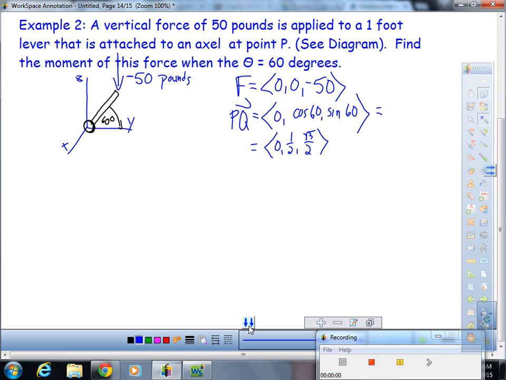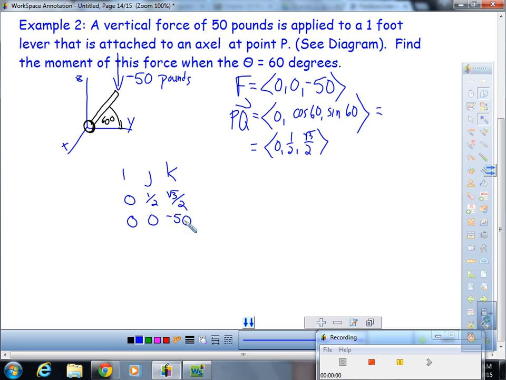Is that what it asks? Oh, it's PQ cross F. Yes, you're right. PQ cross F. That's right. The order will matter. So we have to do 0, 1/2, radical 3 over 2, because that is PQ, and then F is 0, 0, negative 50.